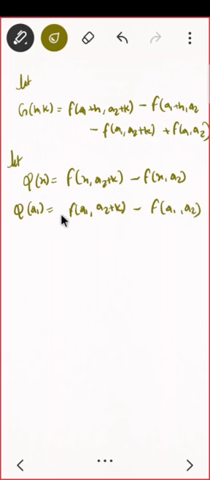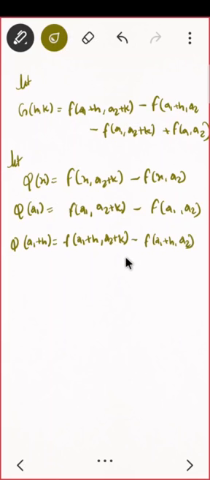This is your phi of e1. And what is phi of e1 plus h? At the place of x, I have to put e1 plus h. So it will be f of (e1 plus h, e2 plus k) minus f of (e1 plus h, e2).